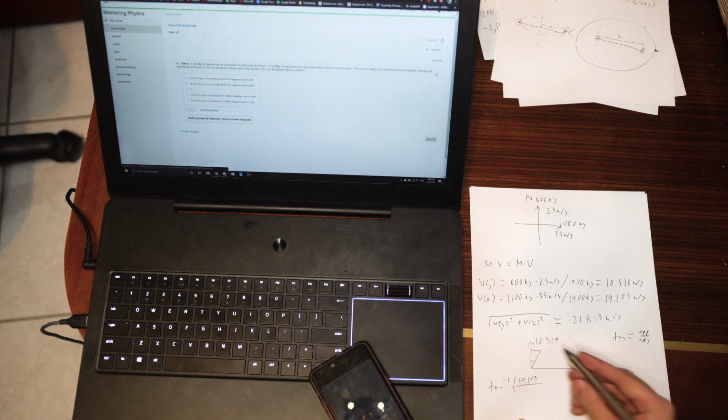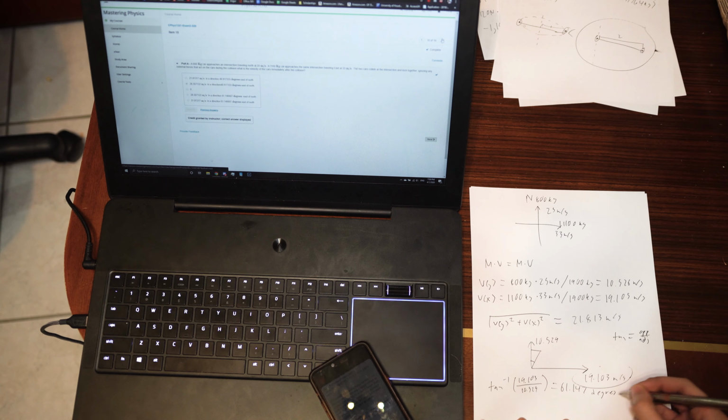Divided by my adjacent, which is the 10.529. When I plug this in, the angle that I'm going to get is going to be 61.147 degrees east of north. And that's all I need for this problem.